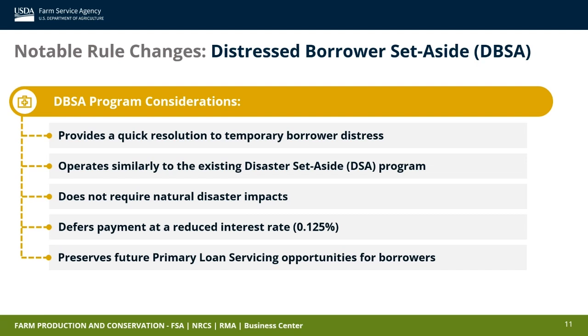And so what this new program does, Distressed Borrower Set Aside, is it opens up a very similar deferral program for direct loans, but you don't have to have been affected by a natural disaster in order to qualify for the deferral.